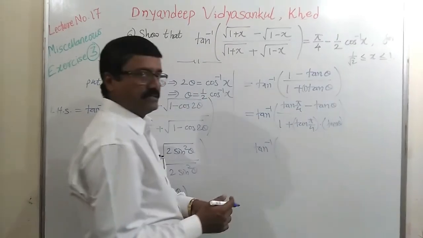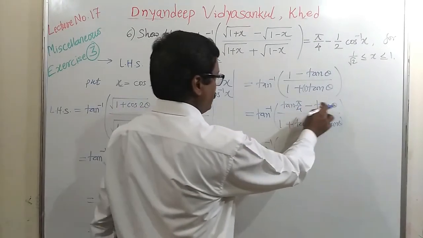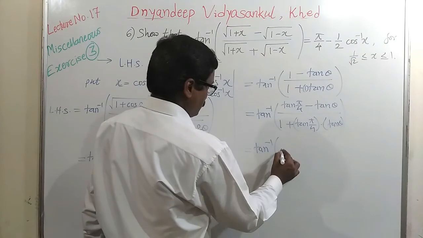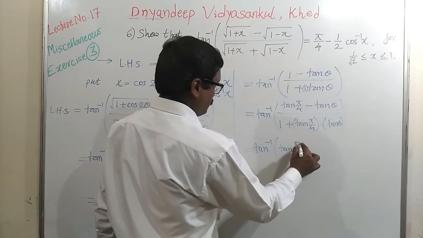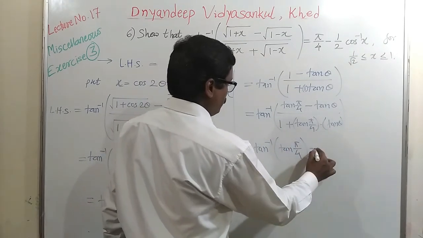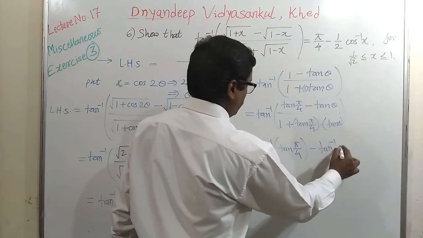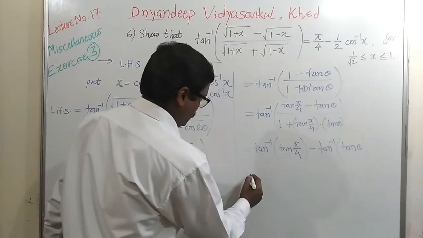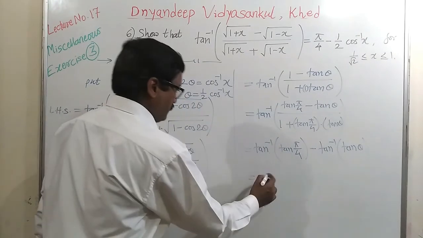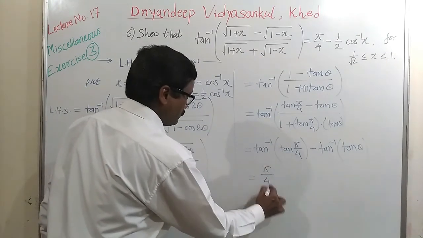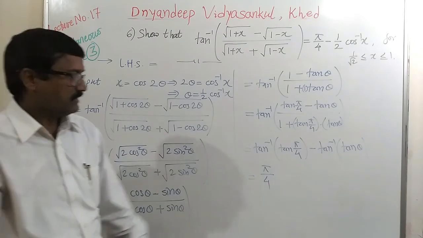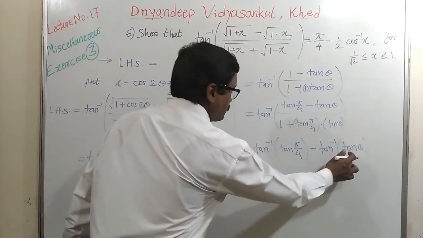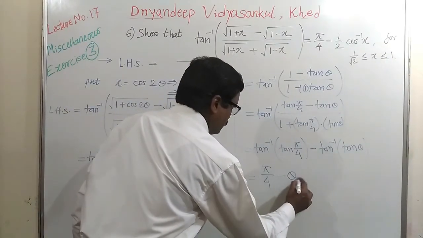So it is equal to tan inverse of, now separating this using tan inverse of (a minus b) upon (1 plus ab), tan inverse of tan pi by 4 minus tan inverse of tan theta. Now tan inverse tan gets cancelled, remains only pi by 4 in the first term, and the last is tan inverse tan gets cancelled, remains only theta.